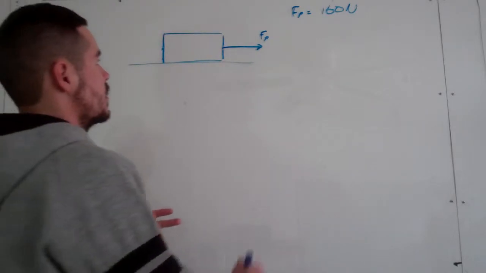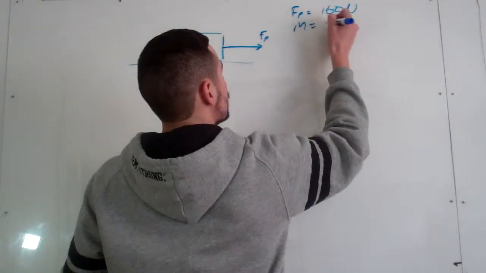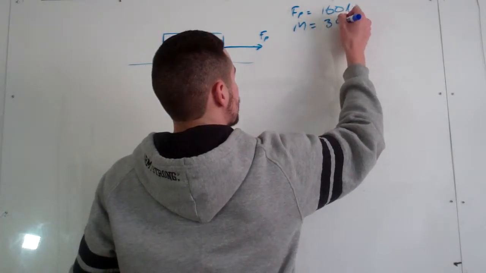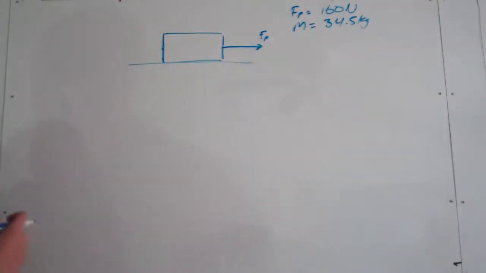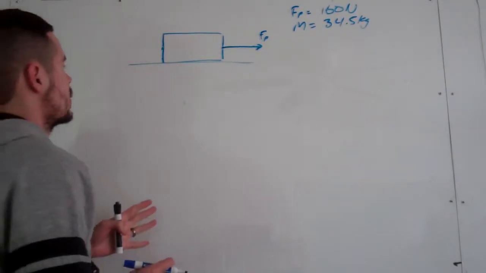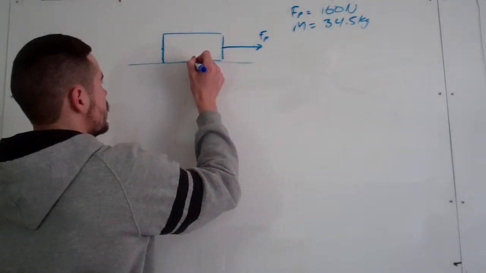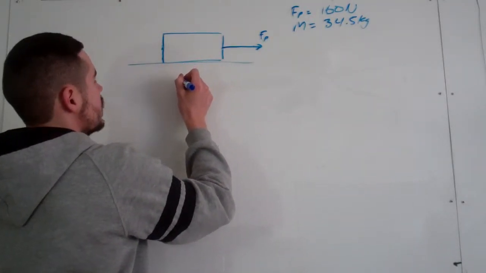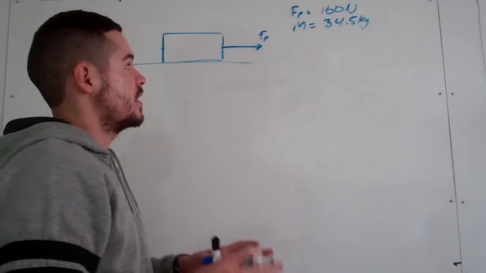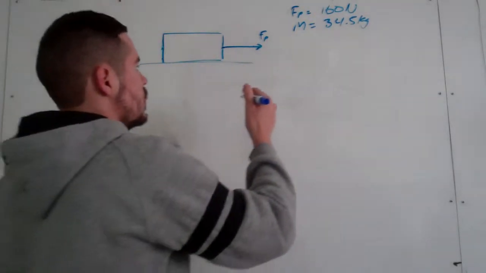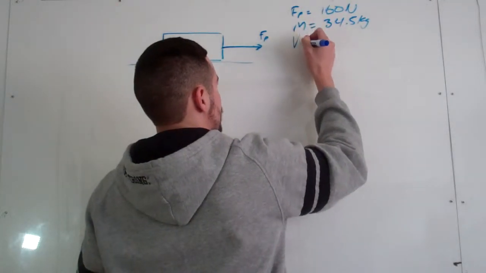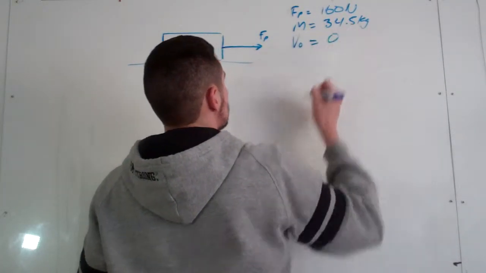Now, we know the mass of the crate, which is equal to 34.5 kilograms. This crate starts at a certain position at rest, and then it travels some distance. So we know that the initial velocity is equal to 0.